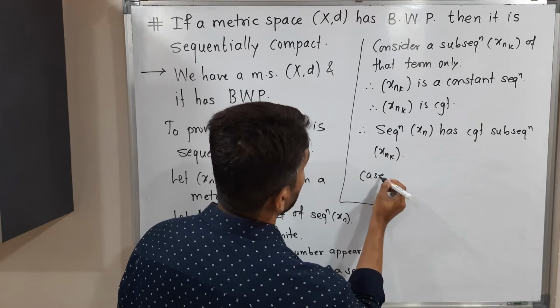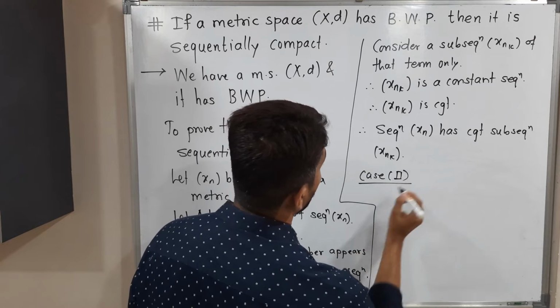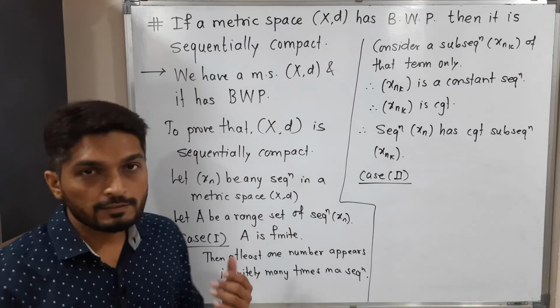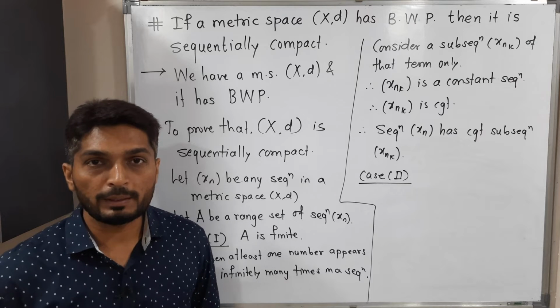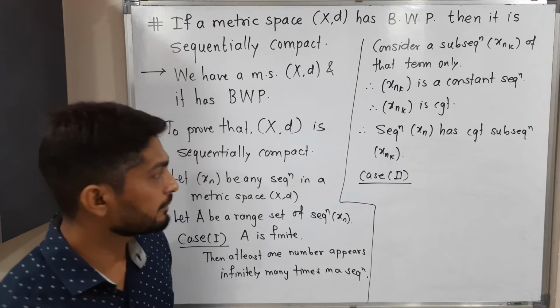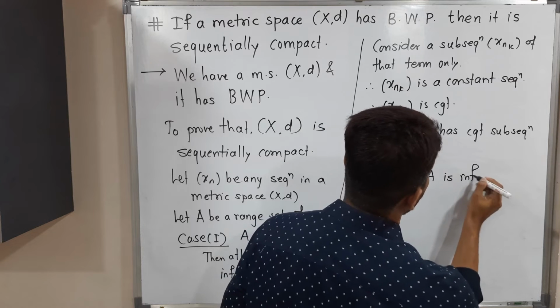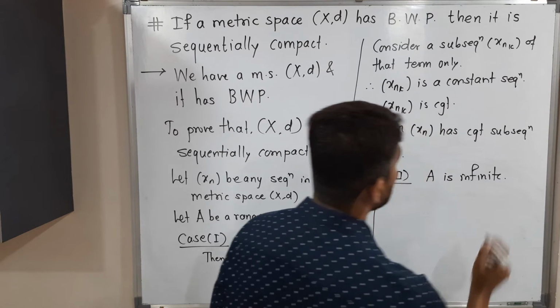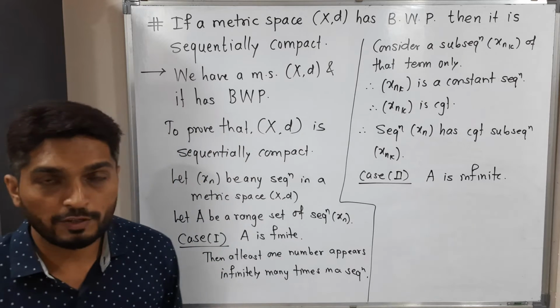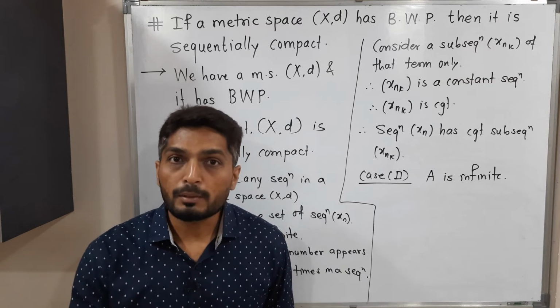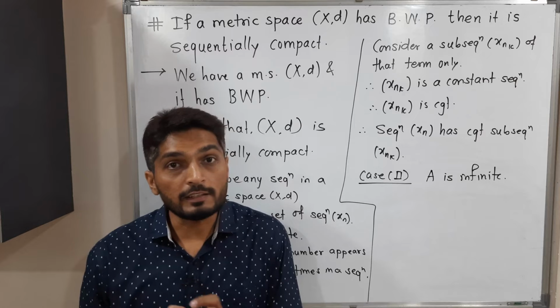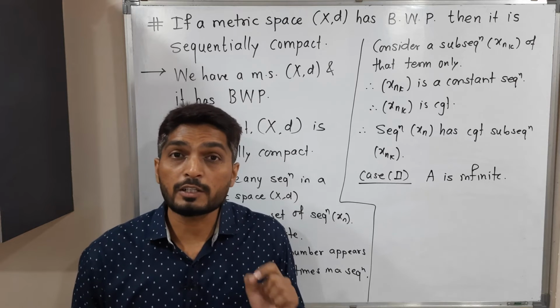So let us talk about case number 2. The case 1 is A is finite. So obviously the second case will be A is infinite. Case 2 is A is infinite. That means A has infinitely many elements, right? But do you remember we started with one given piece of information and still we haven't used it.